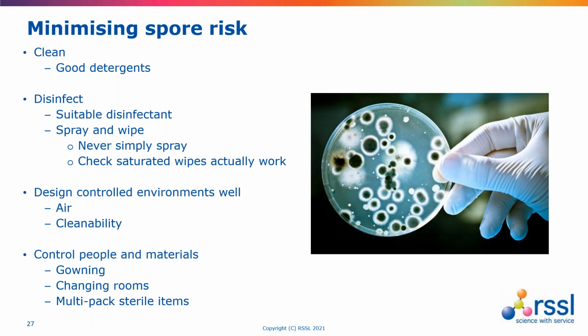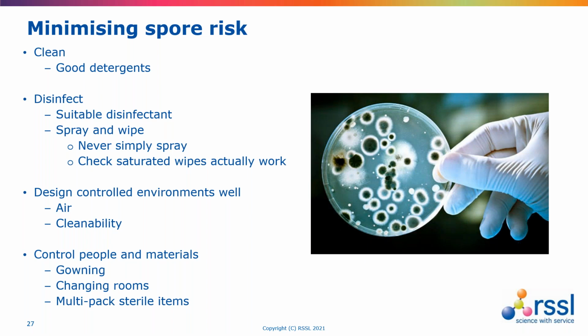Disinfecting with appropriate disinfectants and including a sporicide as part of the rotational regime, and ensuring that it's always spraying and wiping, or applying with a mop, or using a pre-saturated disinfectant wipe, because simply applying the disinfectant without mechanical action is not going to be effective.